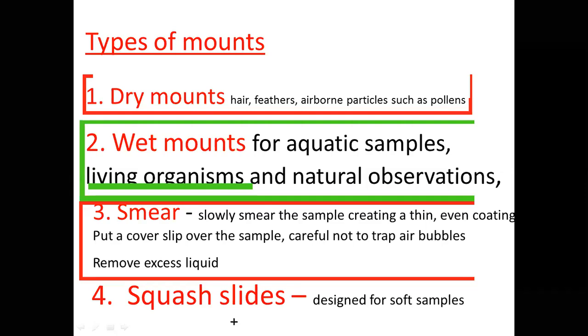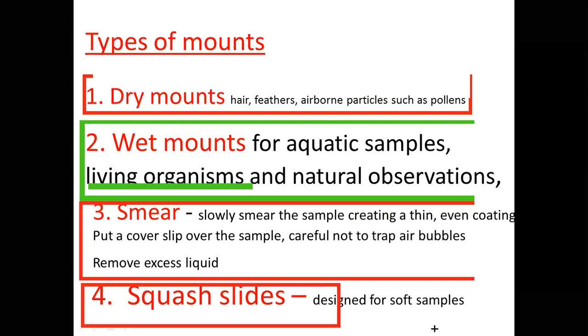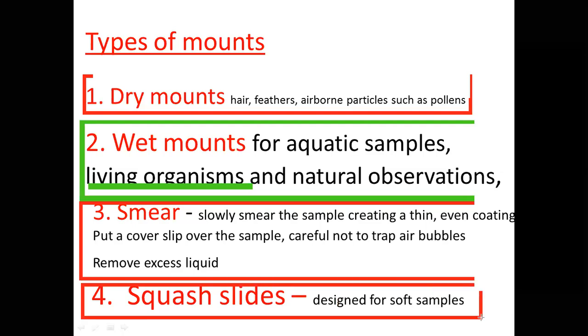Then squash slides. Now, in 1995, this was the most interesting of them all. When you talk of squash slides, we make them like in 1995, when we want to observe a very delicate part of a specimen, like pollen grains with the hairs.